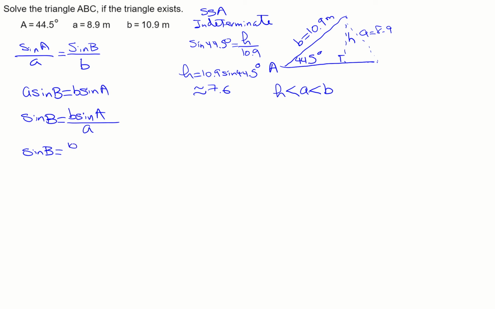So we get 10.9 sine of A, which is 44.5 degrees, over lowercase a, which we know is 8.9. Okay, so if this is sine of B, that means B must be the inverse sine of that.